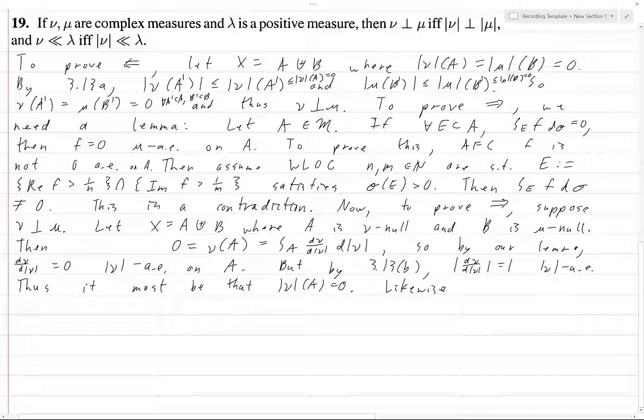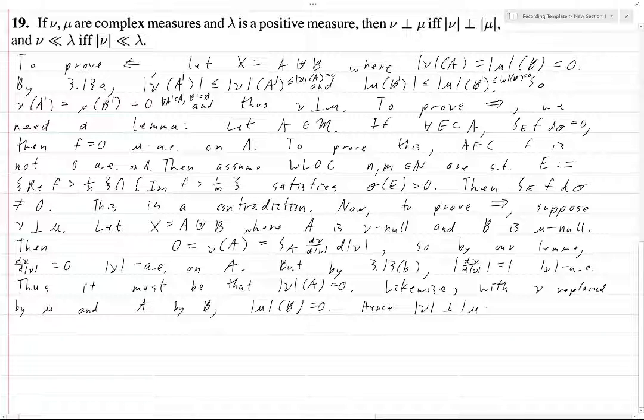Likewise, you do kind of the same thing, but with nu replaced by mu and A by B, total variation mu of B equals 0. So hence, total variation of nu is mutually singular with respect to the total variation of mu. And there we go. And then we're done.